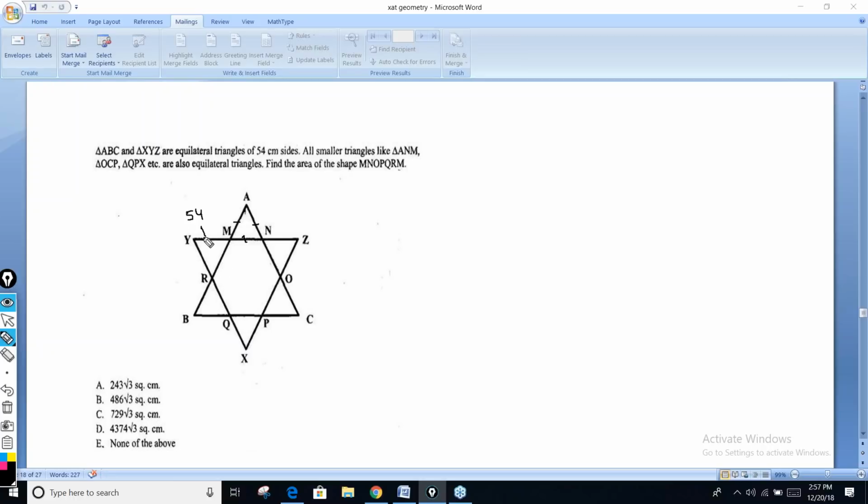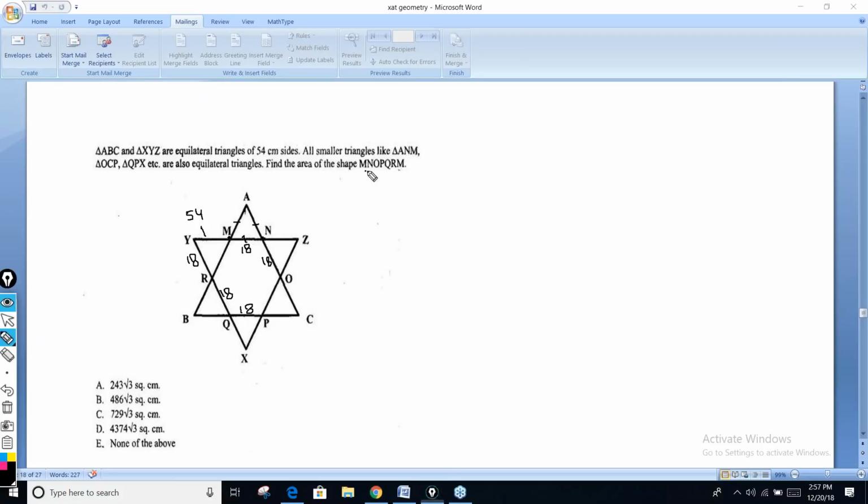And if the figure is in symmetry, it means these points M and N are basically trisecting the bigger side. So the side of the smaller triangle has to be 18. So all these sides have to be 18, 18, 18. Right? This is the only possibility.